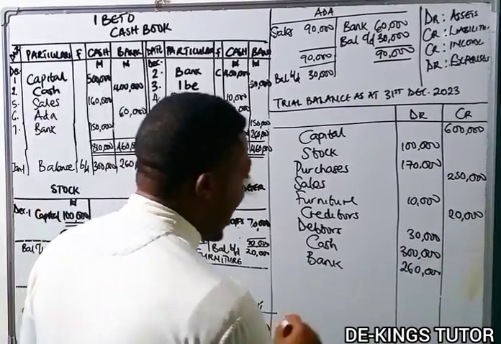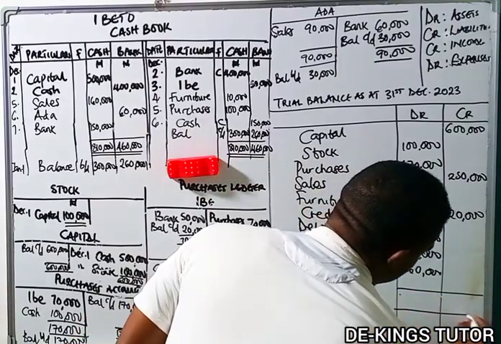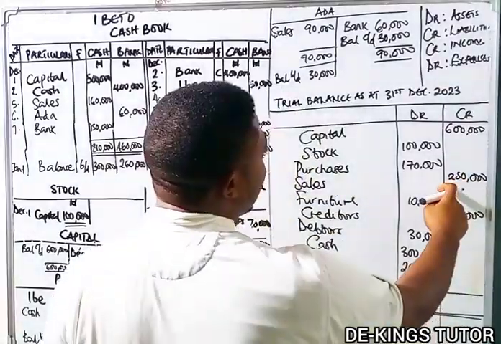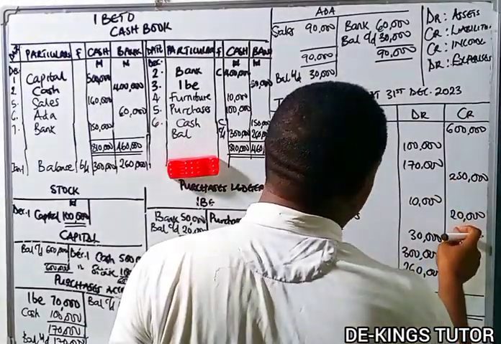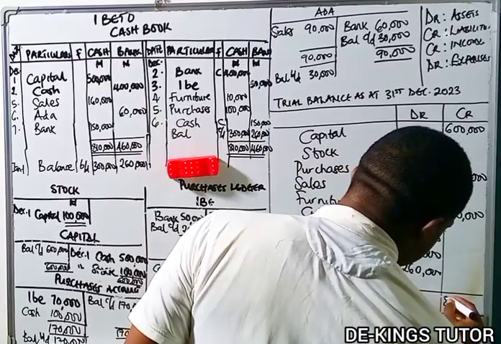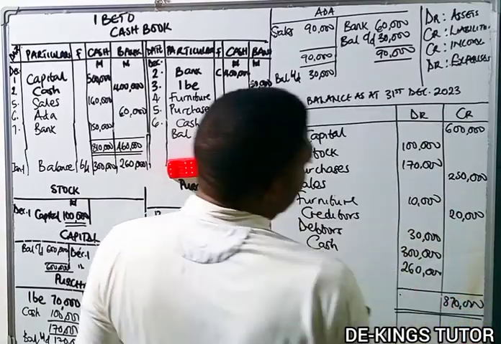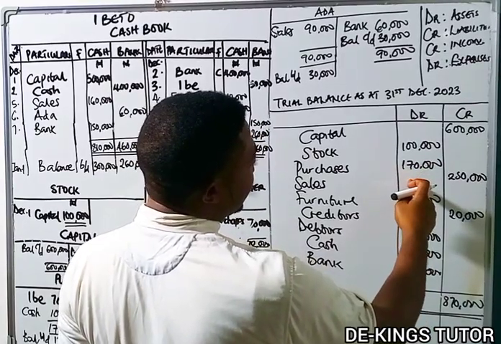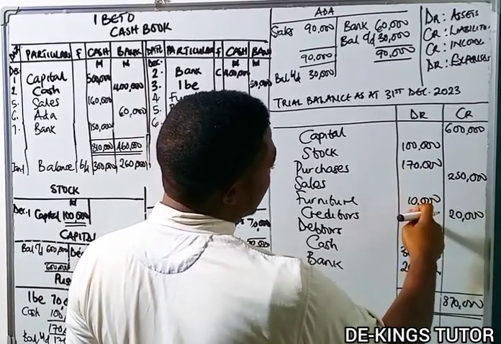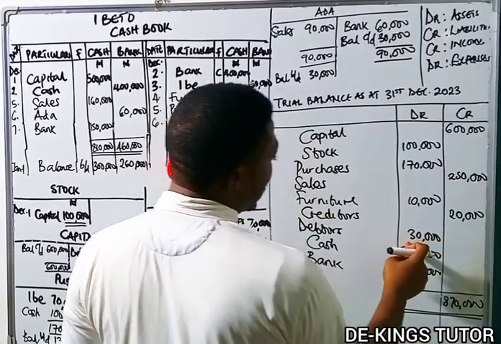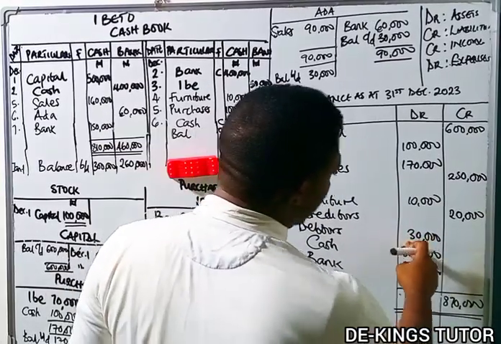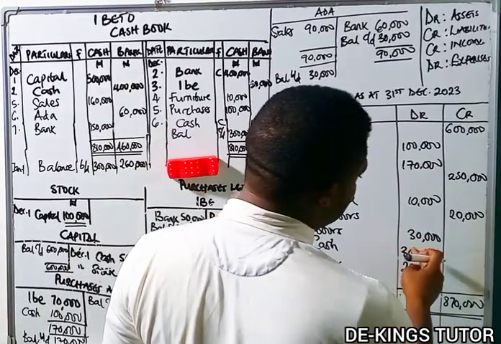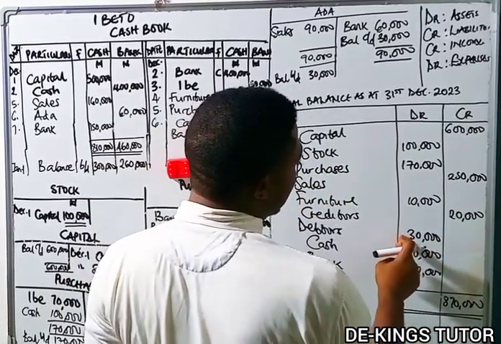Okay. Now let's add up. If we add up 600 plus 250, it will give us 850, plus 20 will give us 870,000. So here, 100,000 plus 170 will give us 270, plus 250 will give us 520, and plus 300 will give us 820.